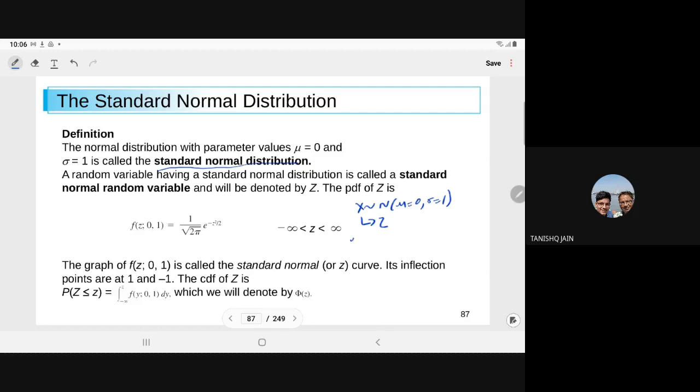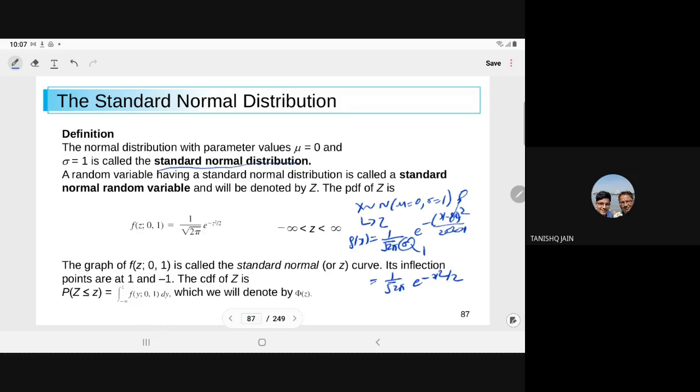What is the general formula for f(x)? f(x) is 1 upon root of 2 pi into sigma, and e to power minus (x minus mu) whole square upon 2 sigma square. So when mu is equal to 0 and sigma is equal to 1, it will become 1 upon root 2 pi, e to power minus x square, or you can say z square, by 2.